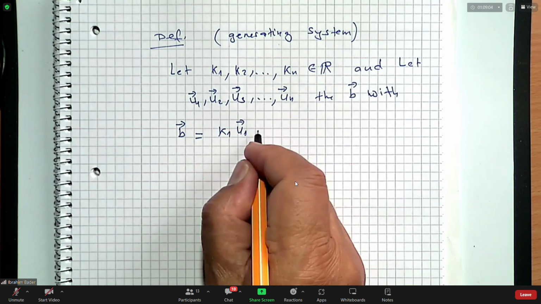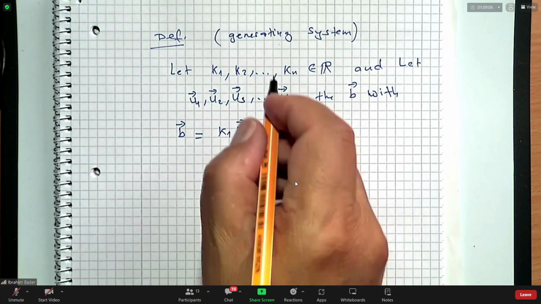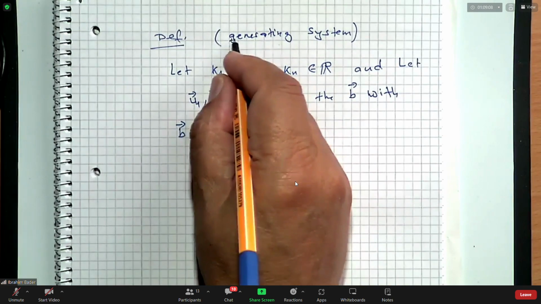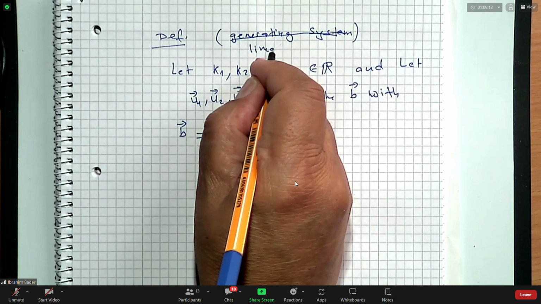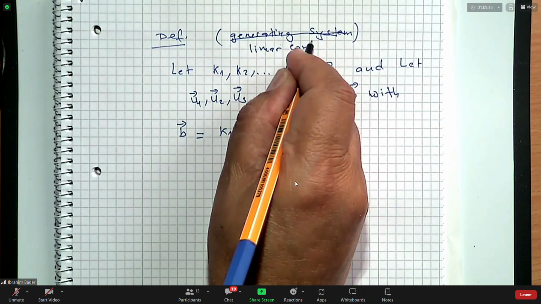Sorry, this is not the generating system; this is the linear combination definition, just as the formal definition.